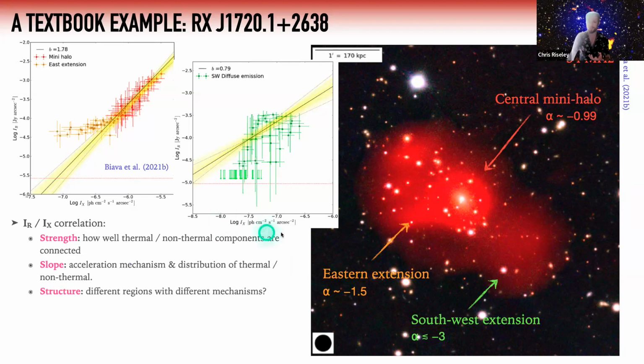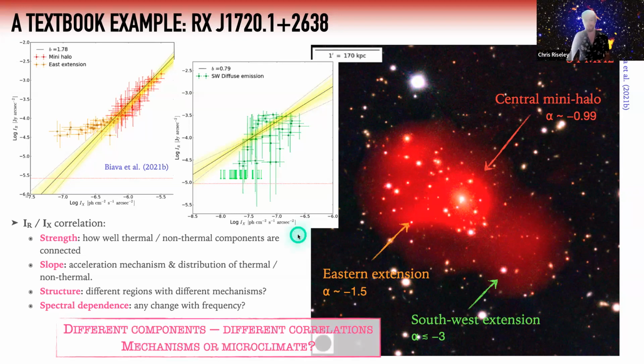The structure tells us exactly about whether we have different regions with different mechanisms, and then the spectral dependence, i.e. if there's any change in the correlation slope for the same region with frequency. All of these different insights together give us views into the acceleration mechanism going on.